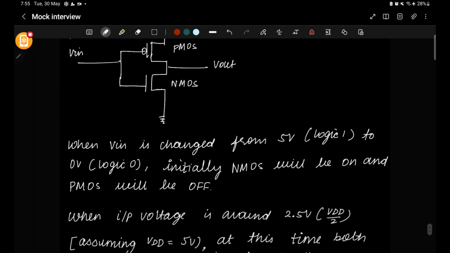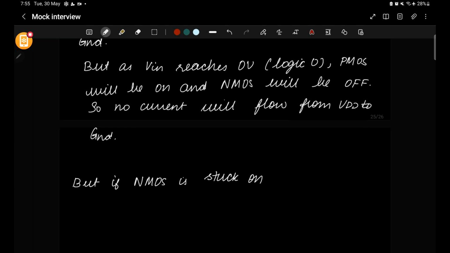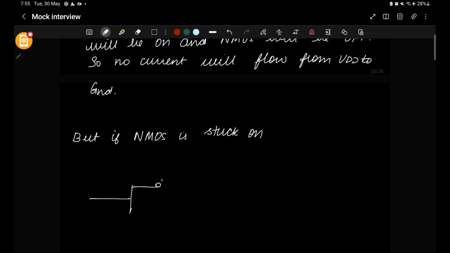But if NMOS is stuck on, then what will happen? So you have this PMOS and this NMOS. Due to some manufacturing defect, it is always on.